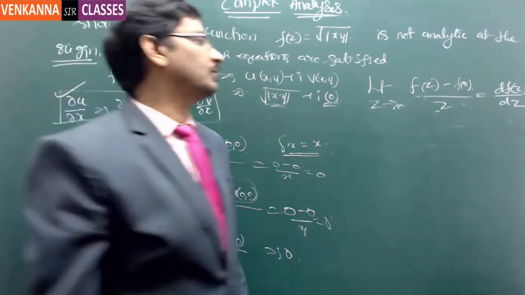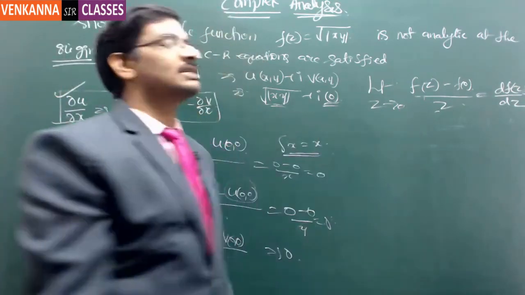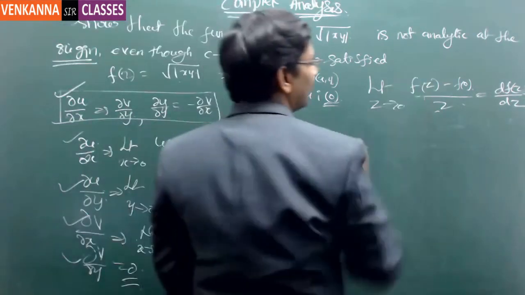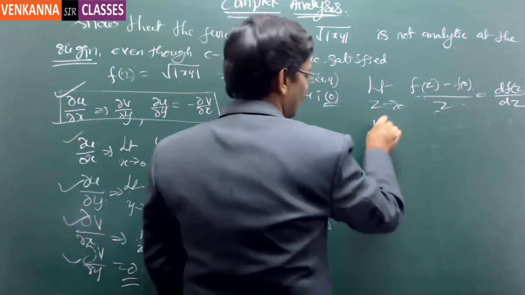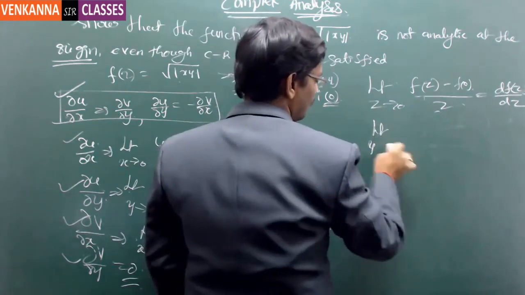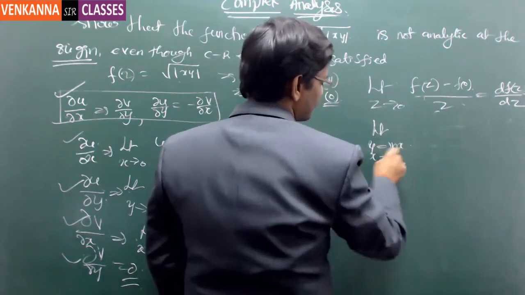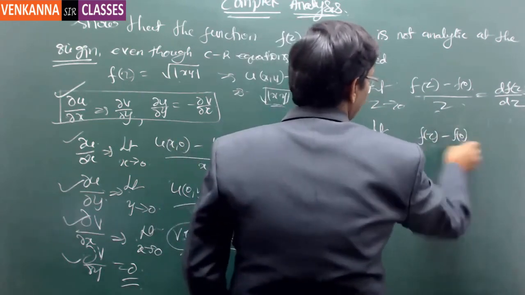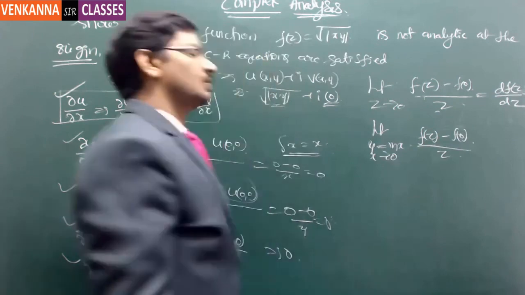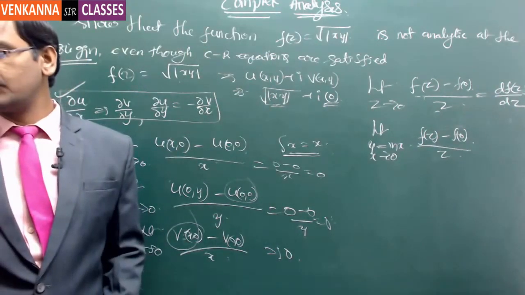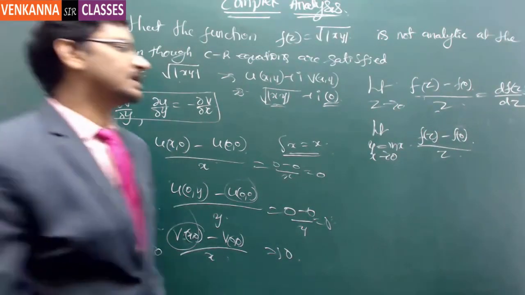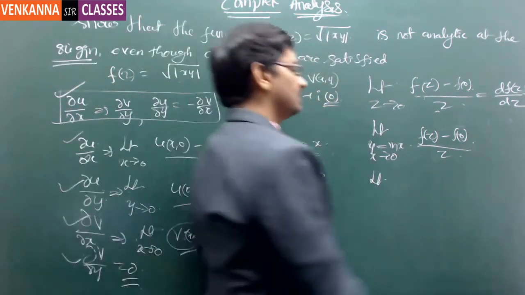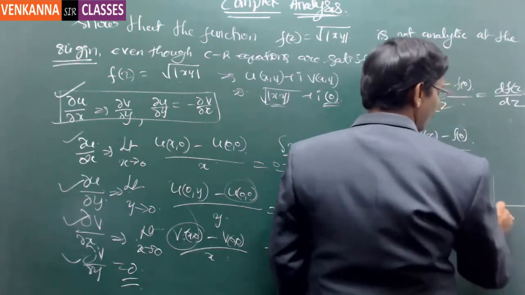Now this derivative, along the x-axis you can check this condition to be 0, and along the y-axis also fine. Now along a random direction, y tending to x, so y is equal to mx line and then x tends to 0, [f(z) minus f(0)] divided by z. If you try to approach in this format, z is nothing but x plus iy. Why we are approaching this way is, we are trying to find the limit value at the origin.